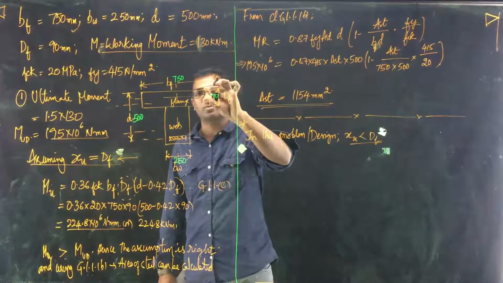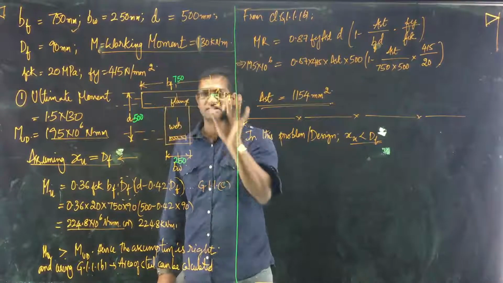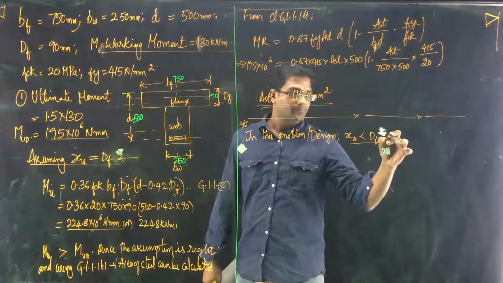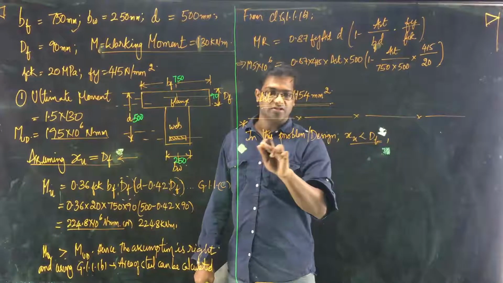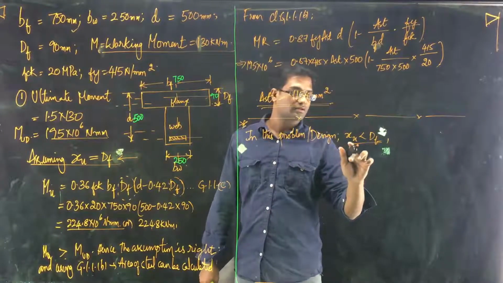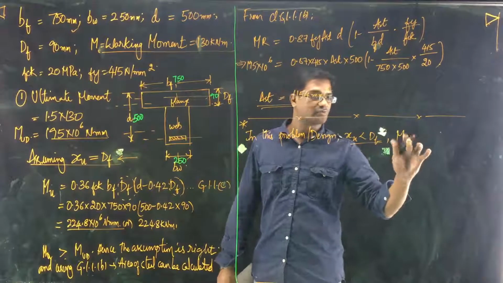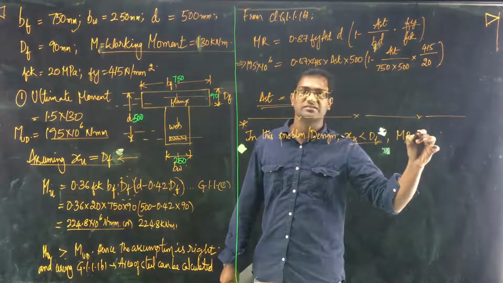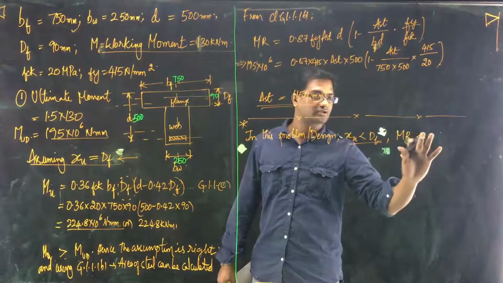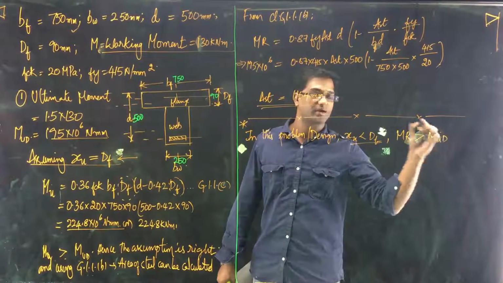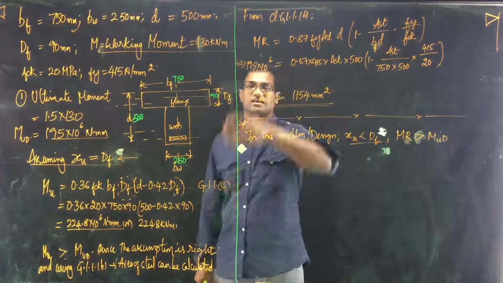If the design moment is more than the moment of resistance, which means this condition is opposite, right? In this problem, the moment of resistance is more than the applied design moment. Then this section is calculated like this.